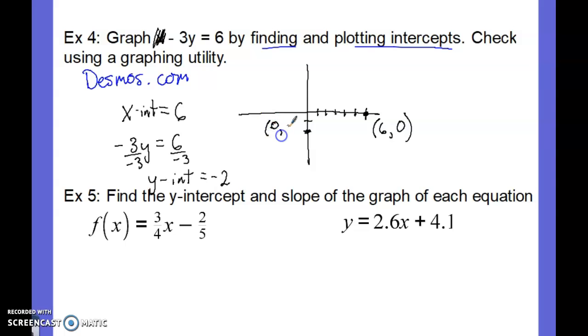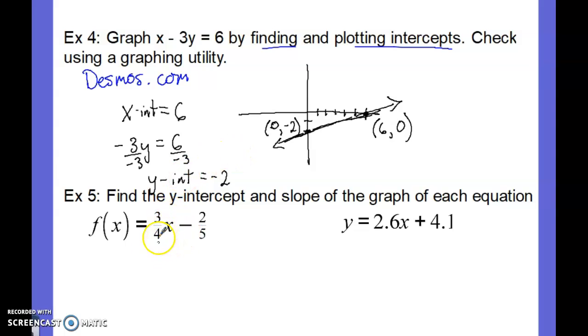The x value is 0, the y value is negative 2. Well, if x is 0, well, 0 minus 3 times negative 2, that's negative 3 times negative 2 is positive 6. So I don't want that left there. But we have our 2 points. We only need 2 points to make a line. So yeah, we're good to move on.